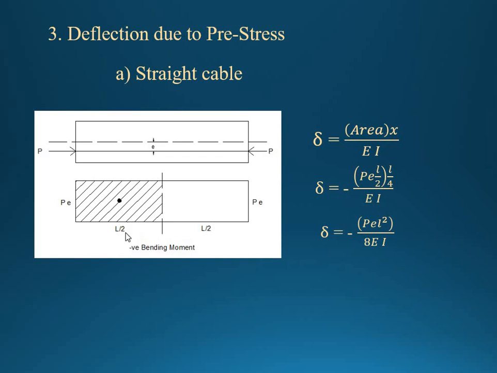Already the length is L by 2, so it is L by 4, by EI. And here this sign is important, as this is hogging, it's a negative bending moment. Just mention that sign. So the formula is delta equal to minus PE into L square by 8 EI.